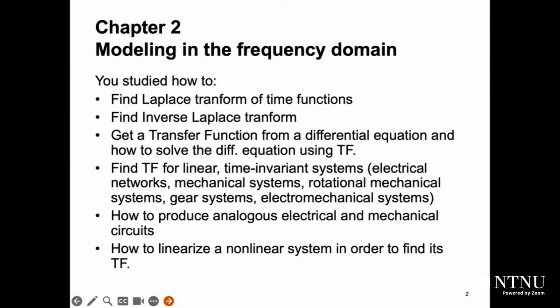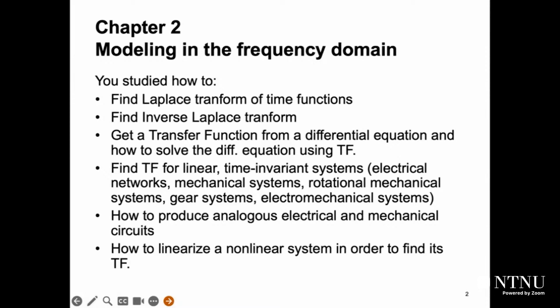So it was easy to find the transfer function, which is G of s equal, for example, Y of s divided by R of s. And substituting the value of the input, we can find the output in the s domain. And after that, we can use partial fraction expansion and try to find your function in the time domain, or the solution of your differential equation in the time domain.